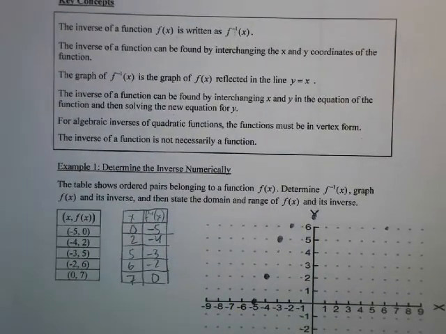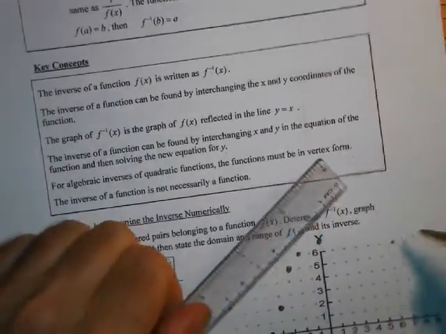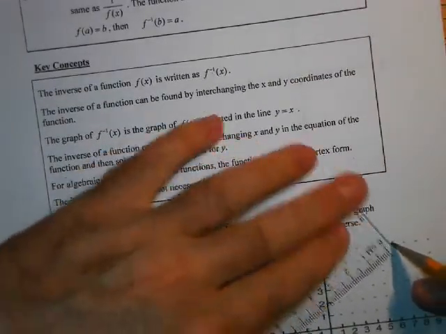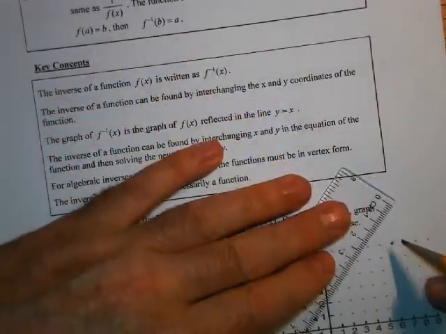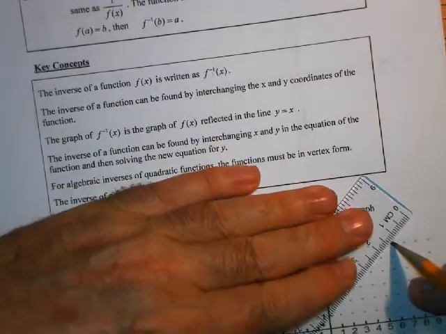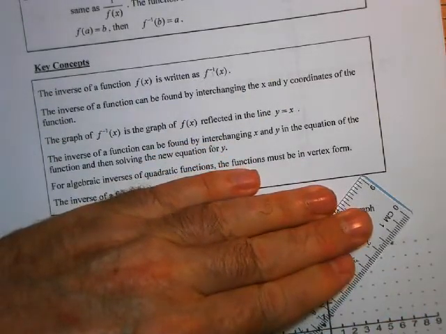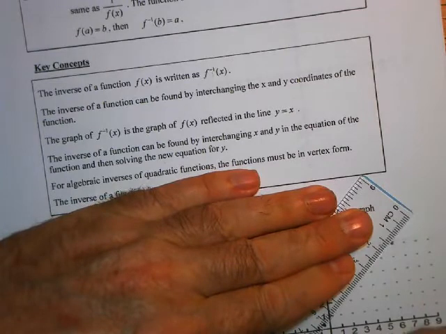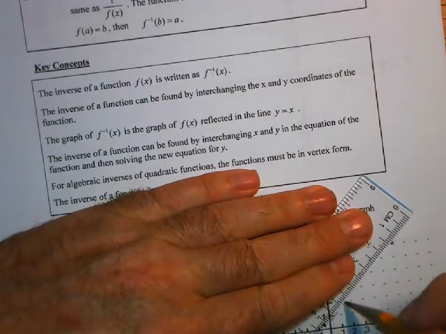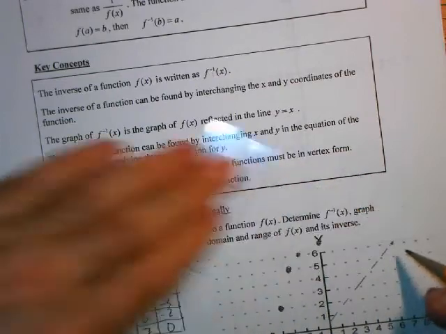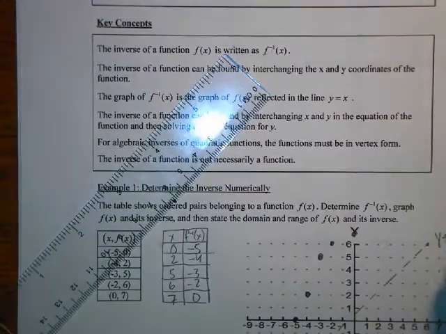The reflections we did there were vertical and horizontal, so either reflected in the x or the y-axis. These reflections are reflected in basically a slope of one graph through the origin. So I'm just going to draw a dashed line here. This is the line y equals x. Okay, and I'll put that up here.